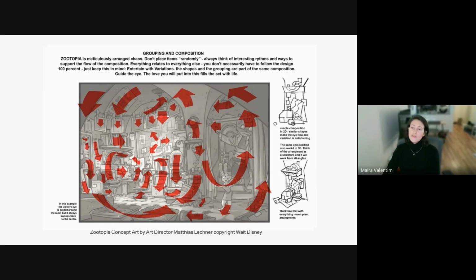He figured out the composition first, and then he tries to think in 3D how they work and bring the same feeling that you could feel here to the 3D. So it's really nice. And this is very hard to do. And that's why, you know, they are masters.